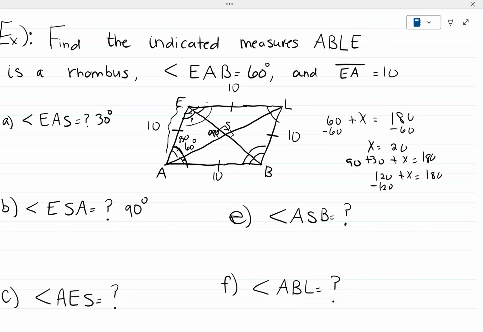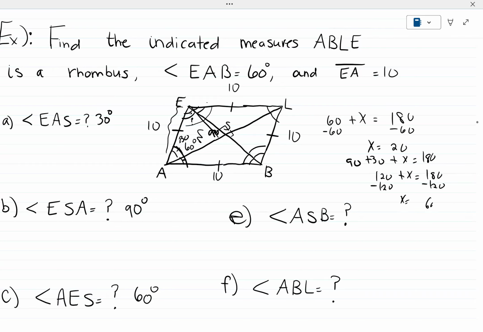Subtract 120: 180 minus 120 is 60. So angle AES is 60, because the sum of a triangle adds up to 180.